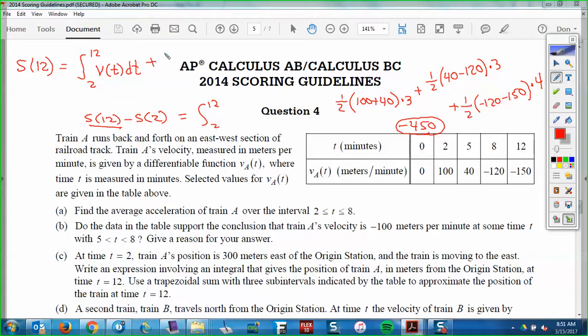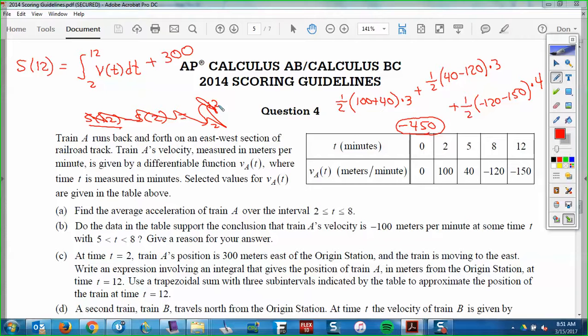Isn't this plus 300? Shouldn't this be plus S of 2? A lot of times you see it written before, you'll see 300 plus. Because remember, that's the net amount of change, so we want to add that on to where we started. So the right answer, you got 1 point for this in this problem. You got 1 point for having this.